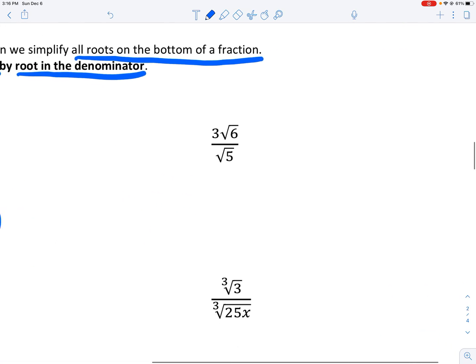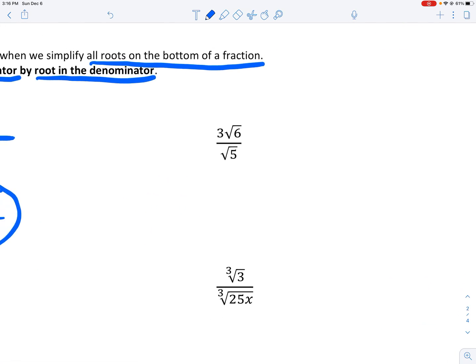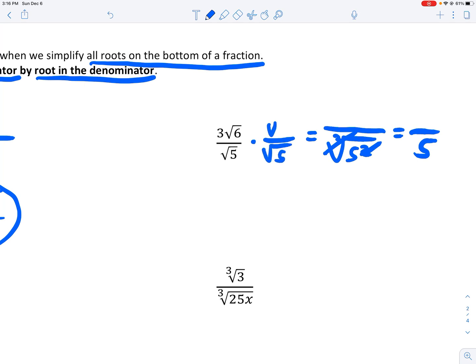So if you look here, right, I want to get a nice perfect 5 squared underneath because that will reduce away and you will just get 5. So this is going to be multiplied top and bottom by root 5. And this should kind of be familiar. You probably saw a little of this when you worked with your special right triangles in Math 2.